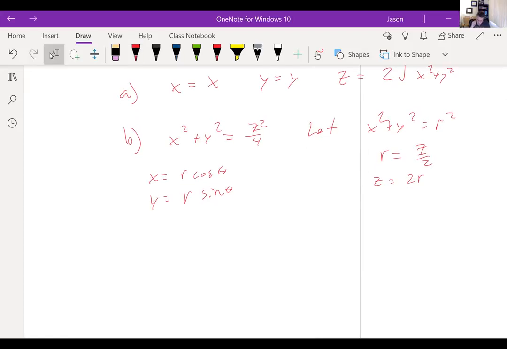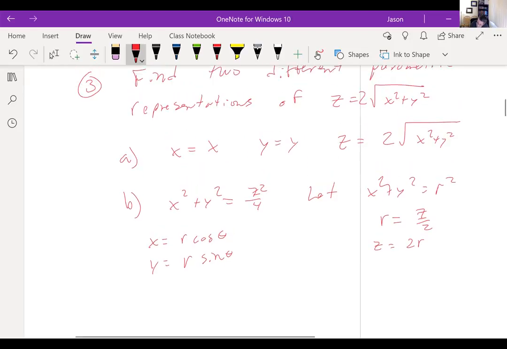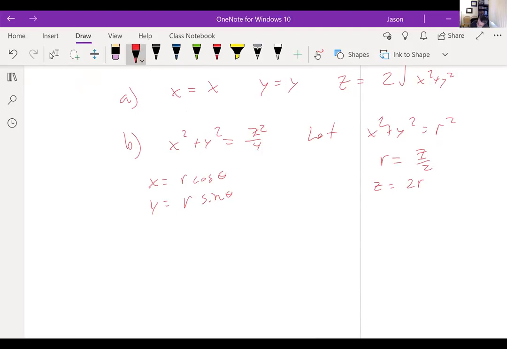So we could write this in terms of r and theta, parameterize this in terms of r and theta, and we could say that x is equal to r cosine theta, y is equal to r sine theta, and z is equal to 2r.